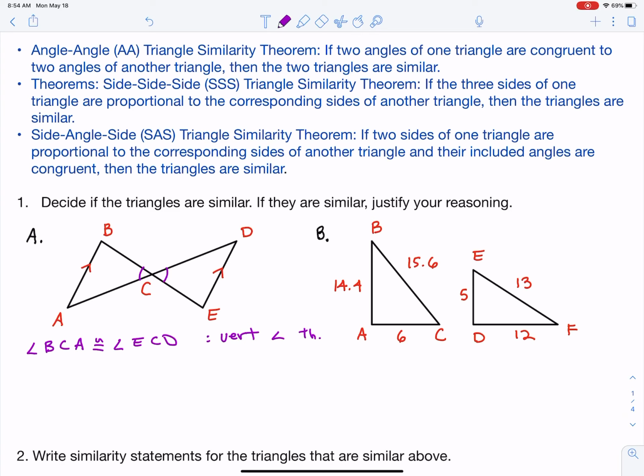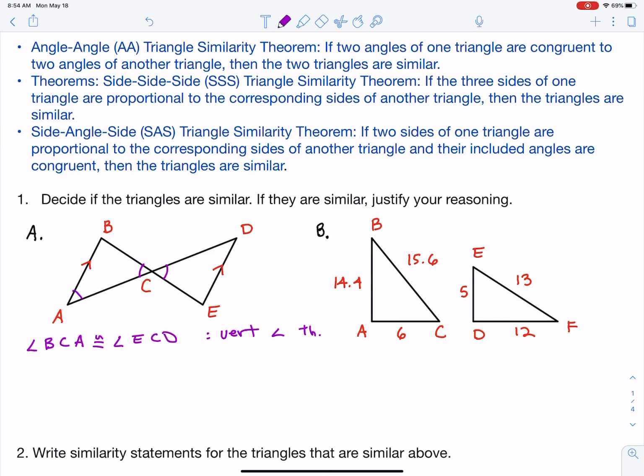Well, I think you'd agree because the lines are parallel, angle A is congruent to angle D. How do we know that? They're alternate interior angles. So angle D is congruent to angle A. I know I said that backwards, but it's the same thing. And that's the alternate interior angle theorem.